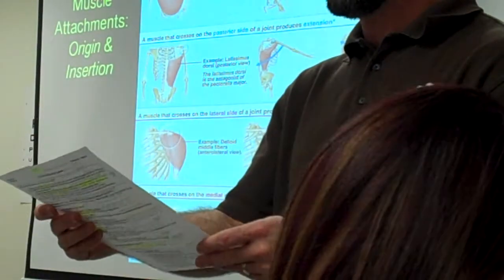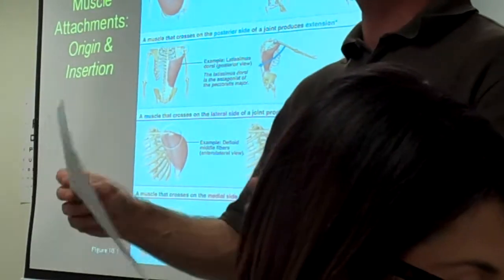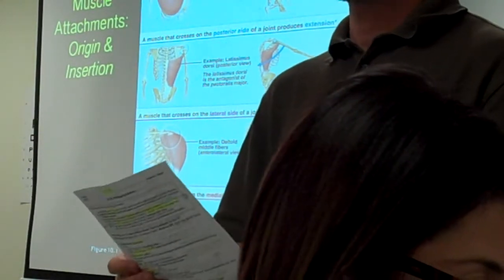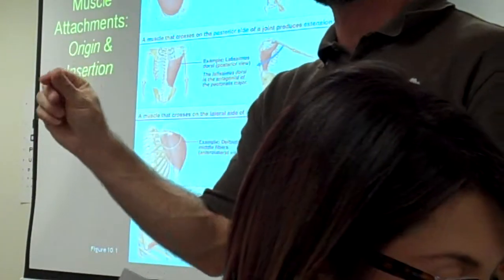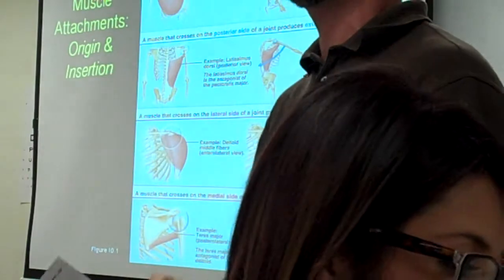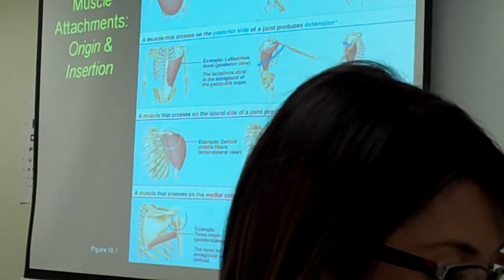And then the last thing is just muscle fiber arrangement. The different types of skeletal muscles, based on how the muscle fibers insert onto their tendons. So really just 3 topics.